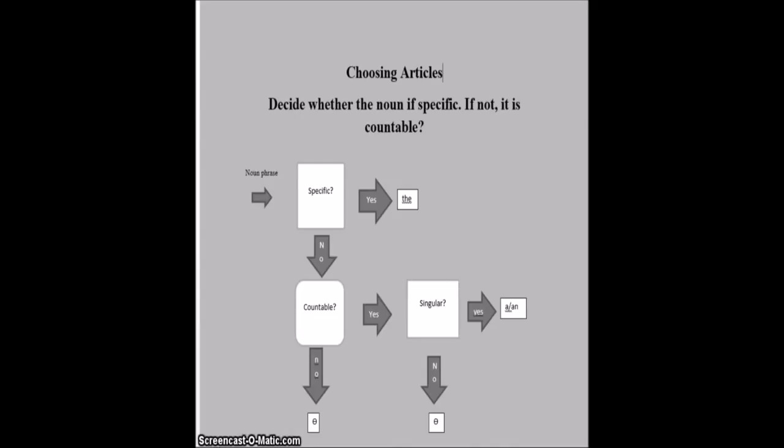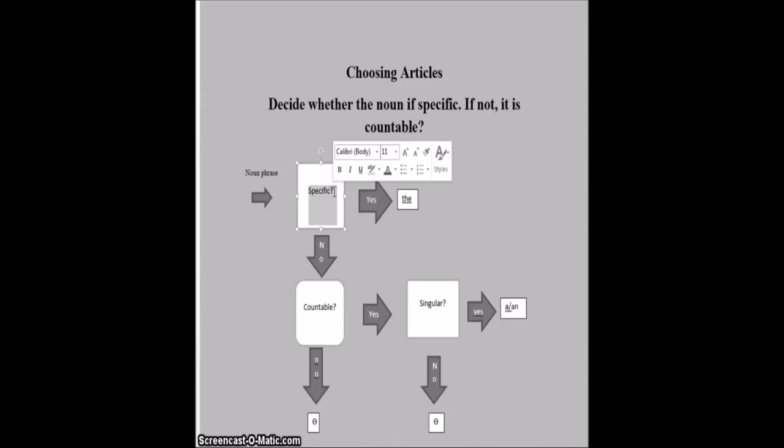And in part it illustrates three steps that you have to use with every noun that you write in English. And you can see just from the fact that there are three steps how difficult this can be. The first step is to decide whether the noun is specific.